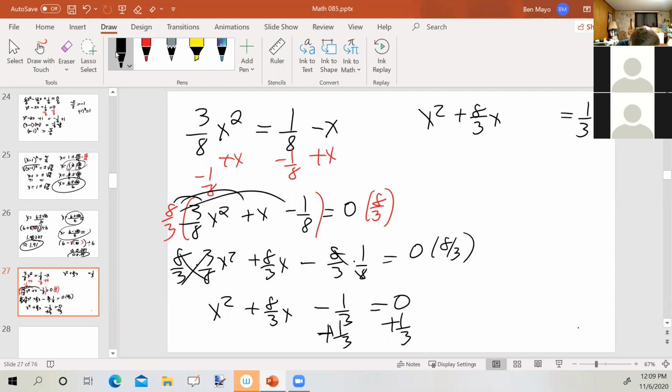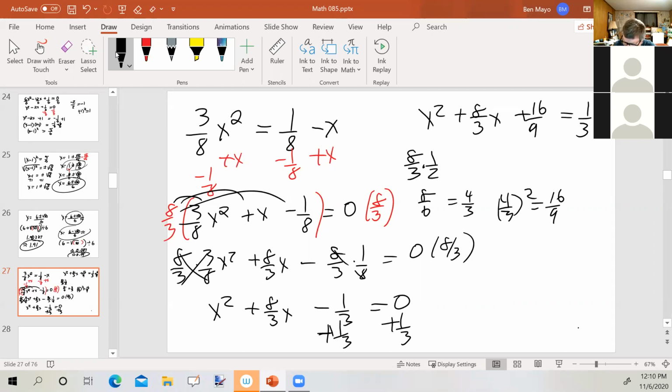So now I'm going to take 8/3 and cut it in half, or multiply it by 1/2, which is 8/6, which is 4/3. Reducing it down. Then I'm going to take the 4/3 and square it, which is 16/9. And I'm going to add that to both sides of the equation.